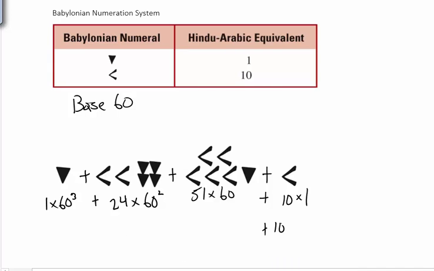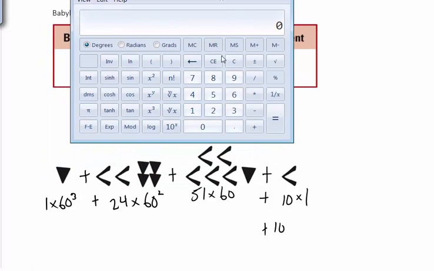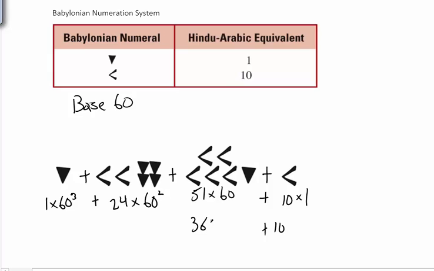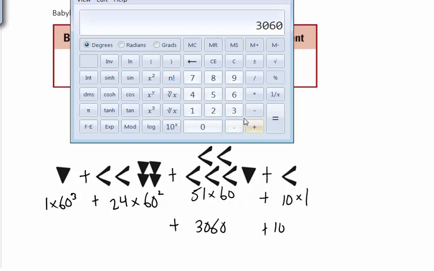Obviously, this piece is 10. 51 times 60 is something we'd actually have to calculate out. So 3,060. Then we have 24 times 60 squared.